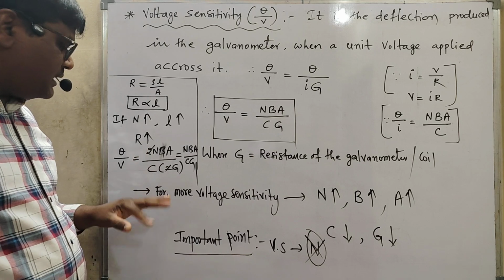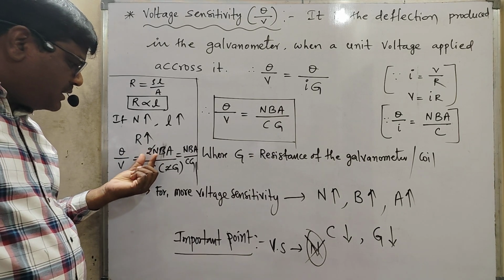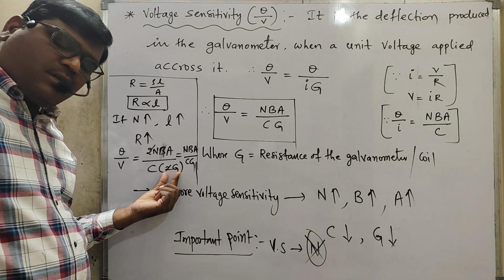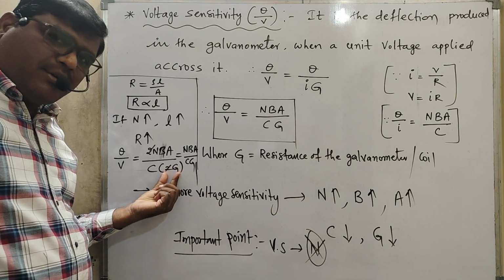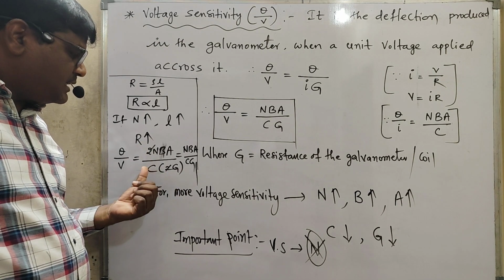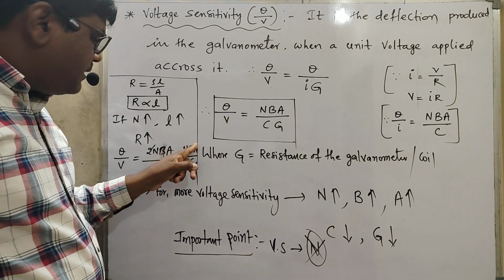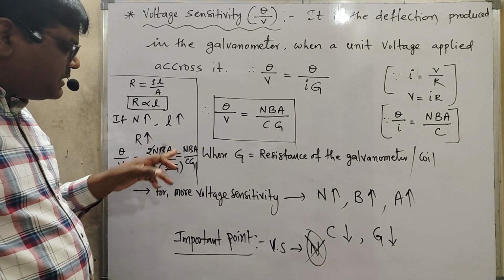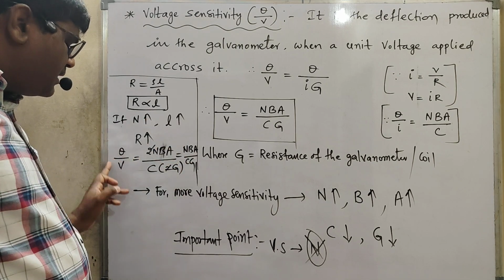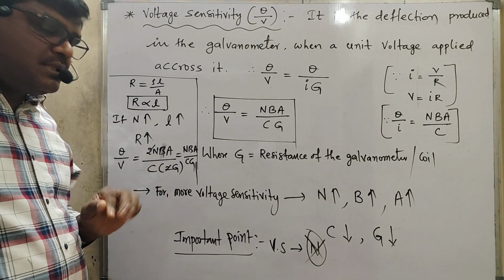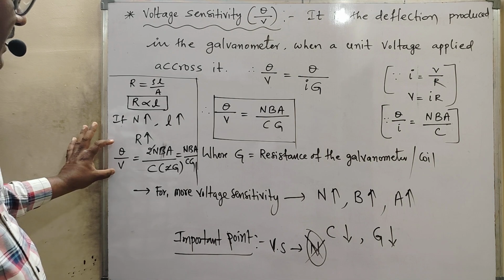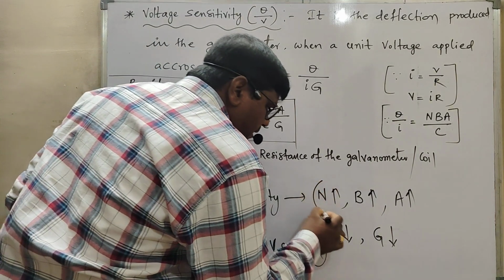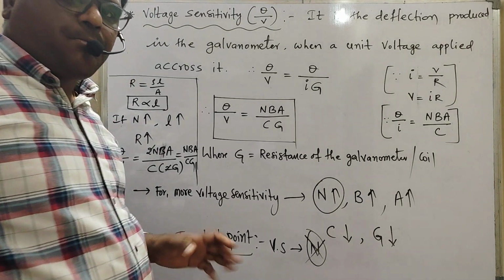If the number of turns is 2, its resistance is also 2 times some value, so this can be cancelled, and we get NBA by CG only. So while increasing the number of turns, is there any effect on the original value? No. That is the reason why voltage sensitivity does not depend upon the number of turns. This is the most important point.